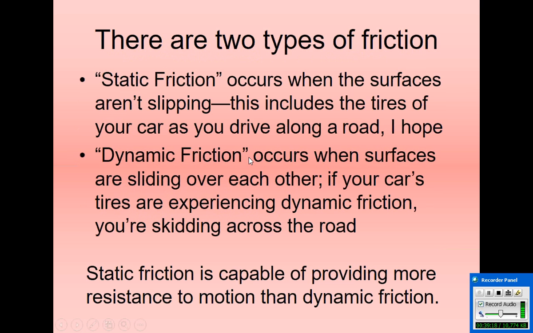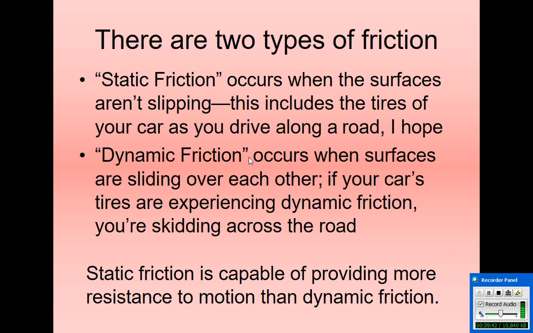To understand friction, we first recognize that there are two different situations that involve friction. One is static, the other is dynamic, although dynamic is also called kinetic. So static friction, there's no motion across the surface. The object is not sliding across the surface.